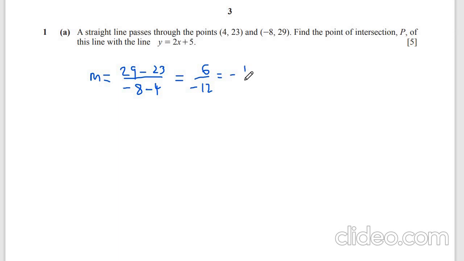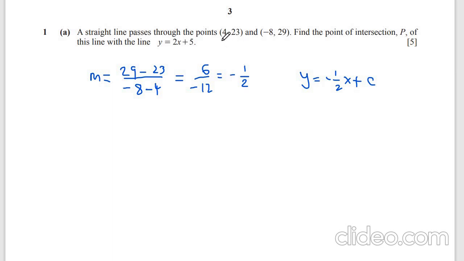Gradient is -half. So if I put it into y equal to mx plus c, now I need to find c.